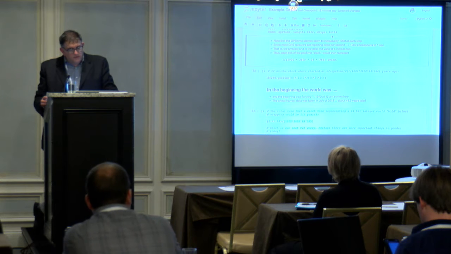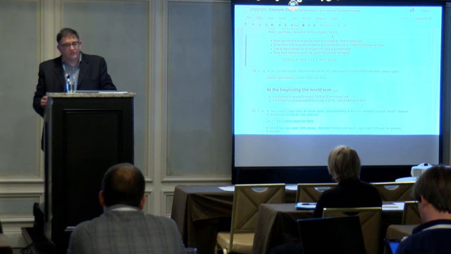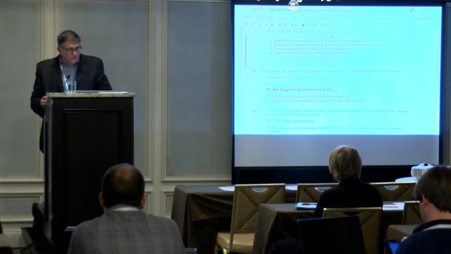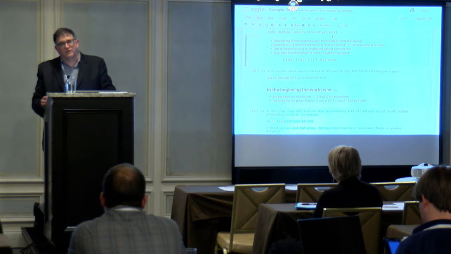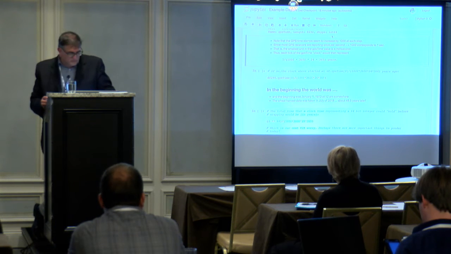So each tick of that GPS clock would then represent 1 over 1,000 times 3,600 times 24 times 365 years. Because there's 1,000 ticks to get a second, there's 3,600 seconds in an hour, 24 hours in a day, 365 days in a year, except for leap years and leap seconds and all the other things they do to this number. We'll ignore all of them.